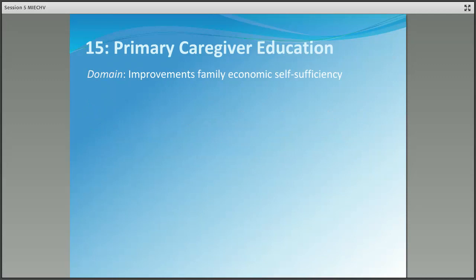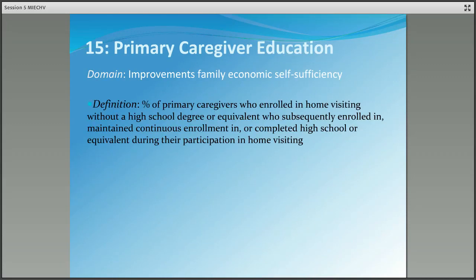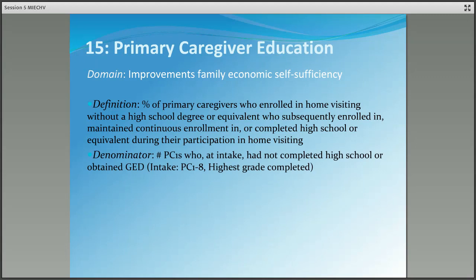Next, we have primary caregiver education, and this is the percentage of primary caregivers who enrolled in home visiting without a high school degree or equivalent, who subsequently enrolled in and maintained continuous enrollment in or completed high school or the equivalent during their participation in home visiting. So the denominator is going to be the number of PC1s who at intake had not completed high school or obtained a GED, and you can find that on the intake form.